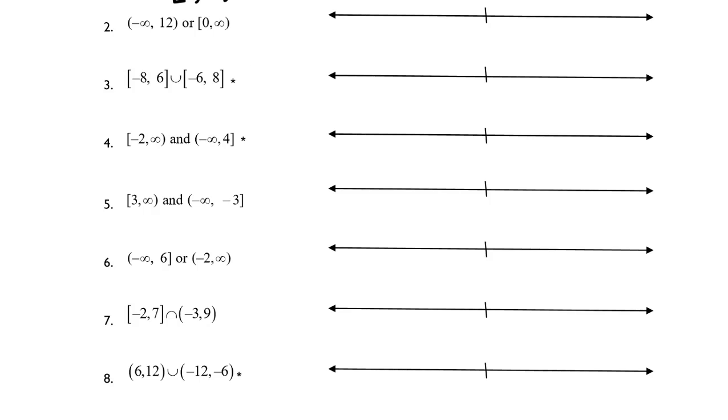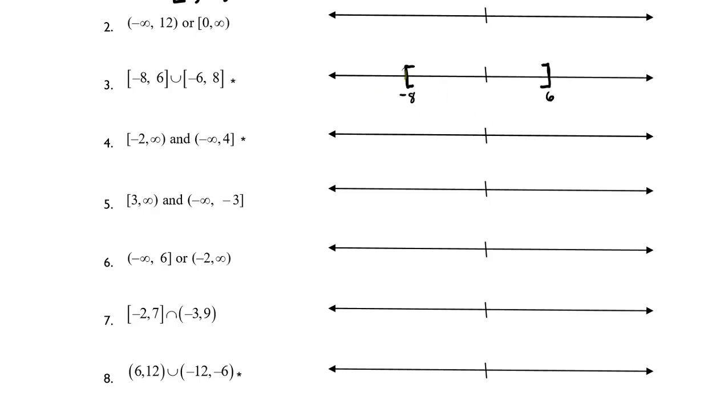Again, for number 3, I have negative 8 to 6, including the endpoints, union negative 6 to 8. So negative 8 is my first point, so a bracket at negative 8, and a bracket at, we'll say this is 6 right here.